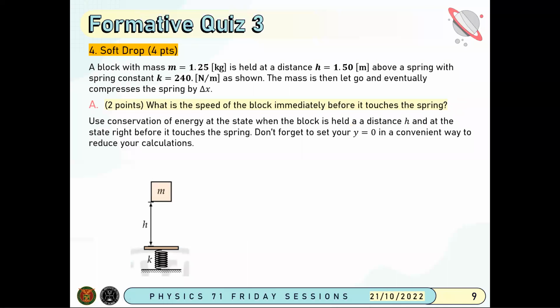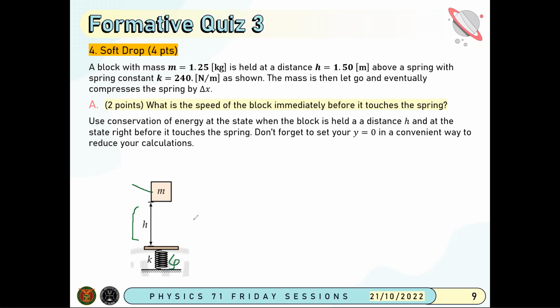Number 4, soft drop. A block with mass M equals 1.25 kilograms is held at a distance H, which is 1.5 meters above a spring. This is the spring with a spring constant K of 240 newtons per meter as shown in this figure.